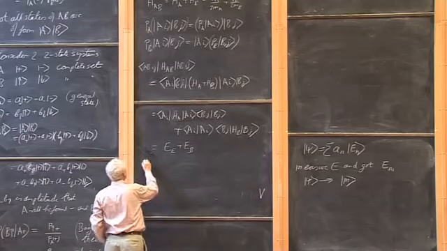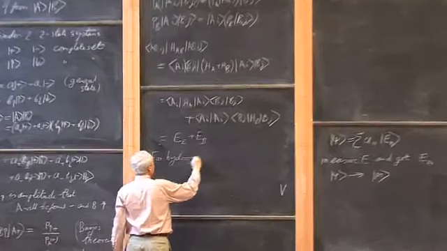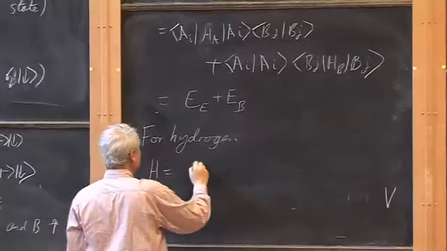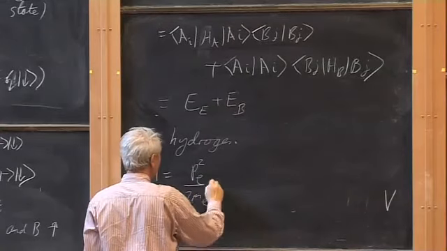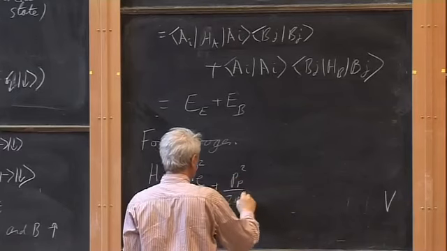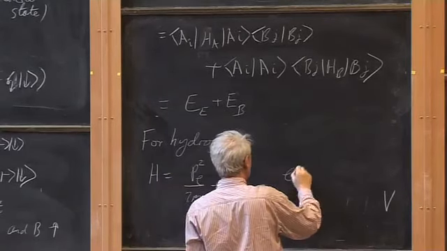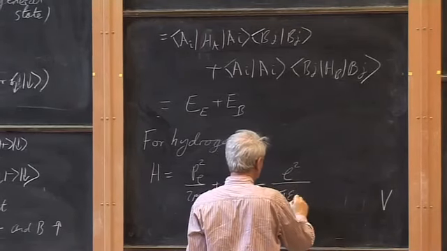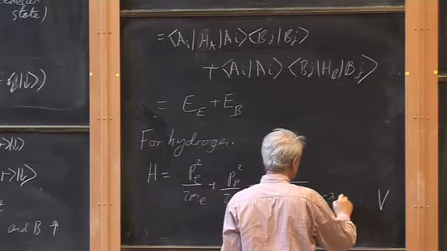But for example, for hydrogen, the Hamiltonian H is equal to P electron squared over 2 mass of electron plus P proton squared over 2 the mass of a proton minus the charge on the electron squared over 4 pi epsilon naught times the modulus of x electron minus x proton.